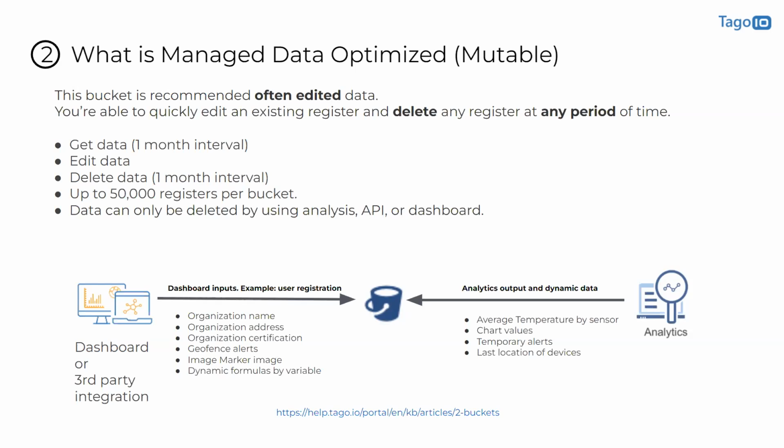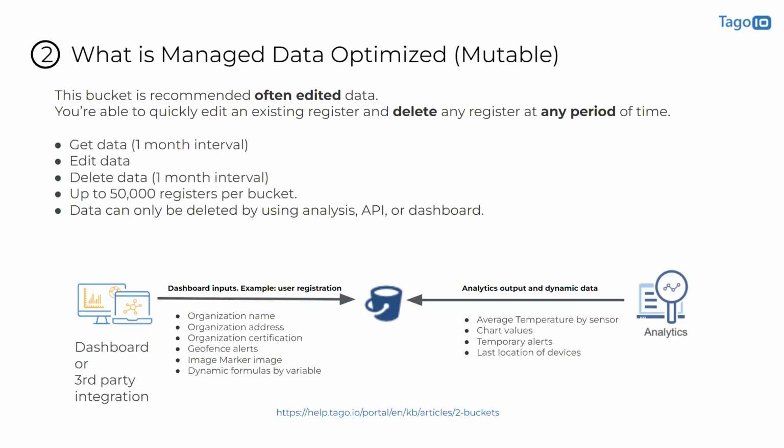And the data can only be deleted using analysis, API, or dashboard. That means you don't have data rotation here. Any deletion of the data must be done by you using one of the several ways that you can manage data in Tago. Analysis, of course, is the most common one, API as well.